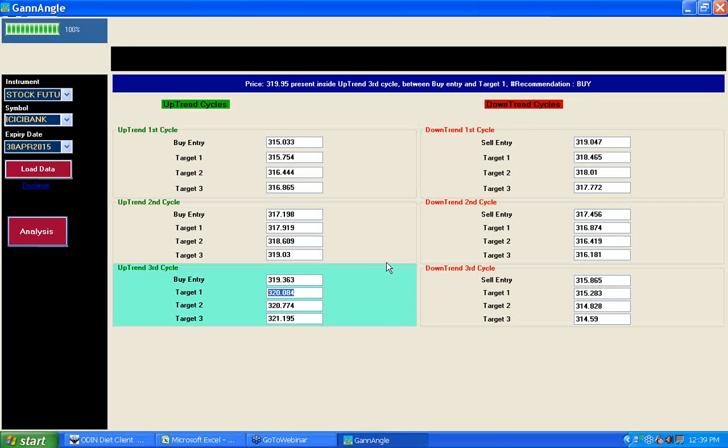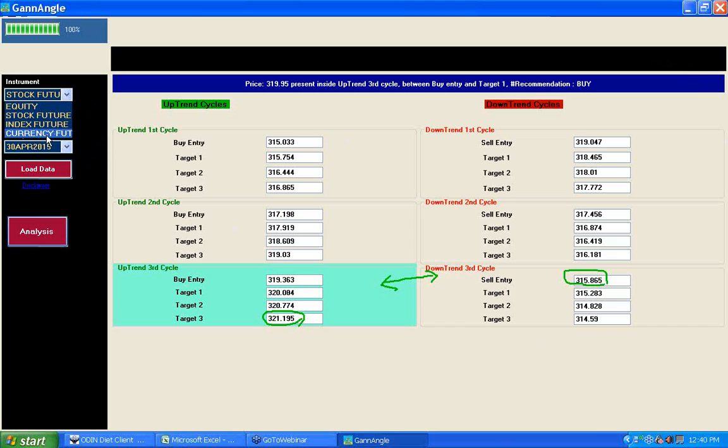So it is recommending me to purchase this ICICI Bank future April with a stop loss of 315.86. So this is the stop loss I have to keep, and my targets will be 321.20. So this is how I can trade in the ICICI Bank future.